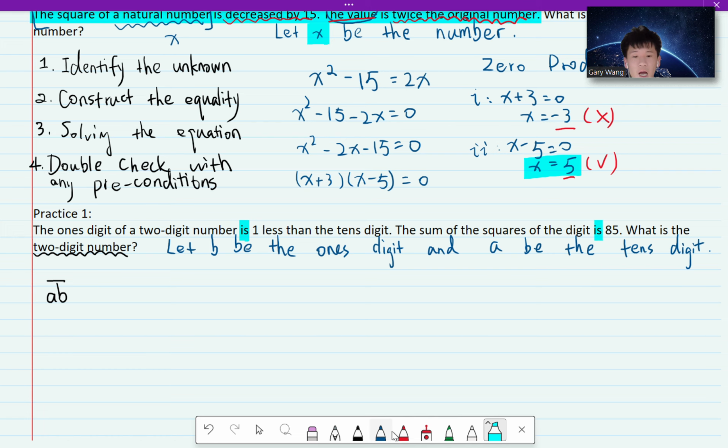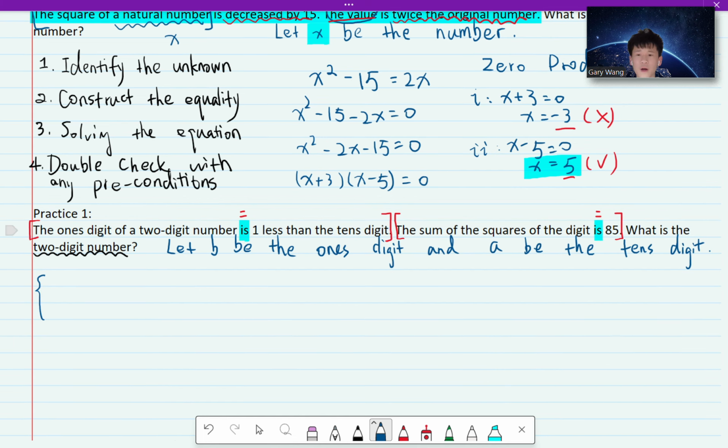So our first sentence would be: the ones digit of a two-digit number is, which is equal to, 1 less than the tens digit. And our second half would be: the sum of the squares of the digits is equal to 85. So we basically have 2 equations in this question. So let's start off by constructing those.